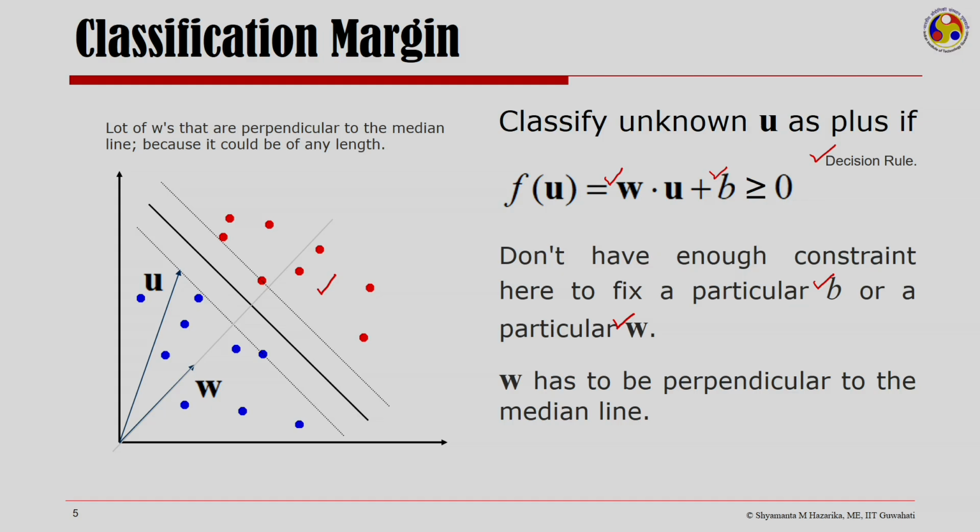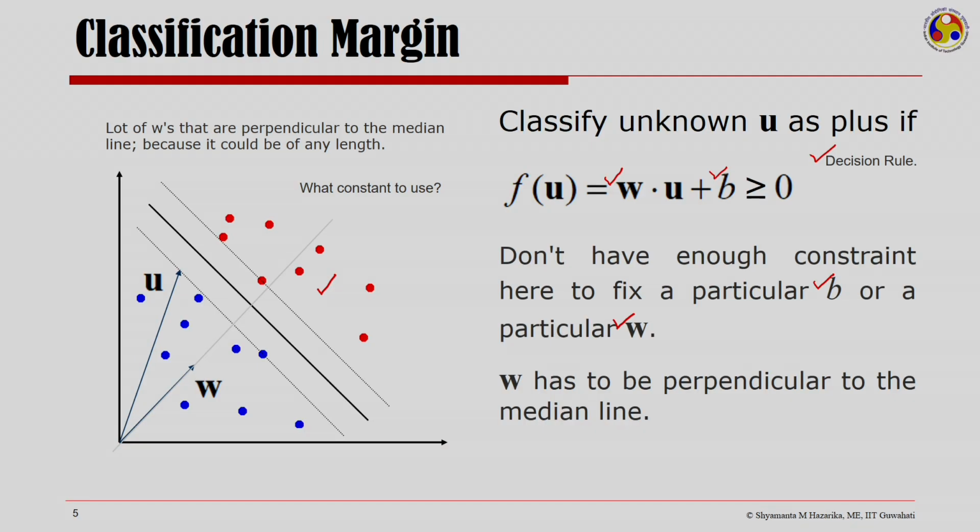They could be of any length. Further, we have no idea what constant b to use, and therefore we need to look for more constraints so as to really make our decision rule work.